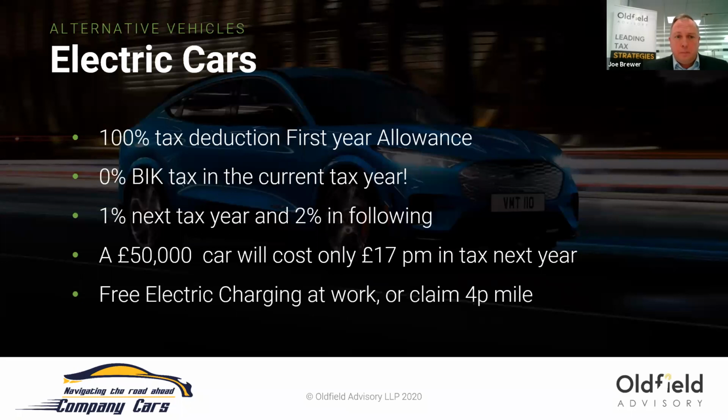That climbs to 1% next tax year and 2% in the following, but still very minimal tax, basically. So just as an example there, on a £50,000 car, that means the employee or director would only pay £17 per month in next tax year on that vehicle. So as you can see, that is a very tax efficient option.